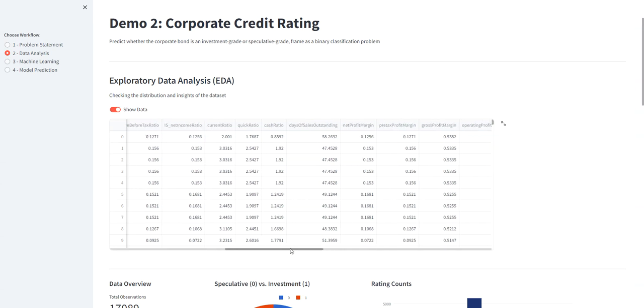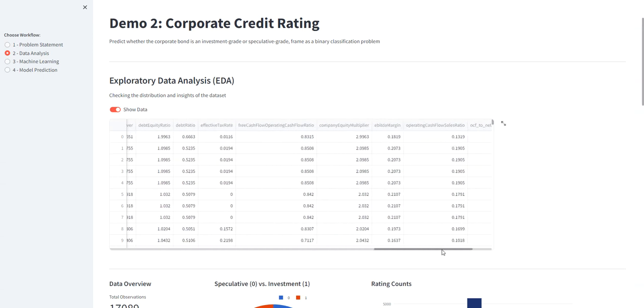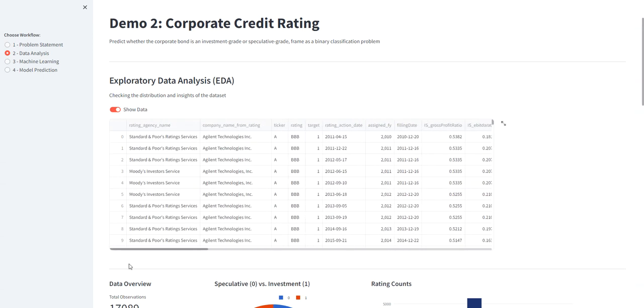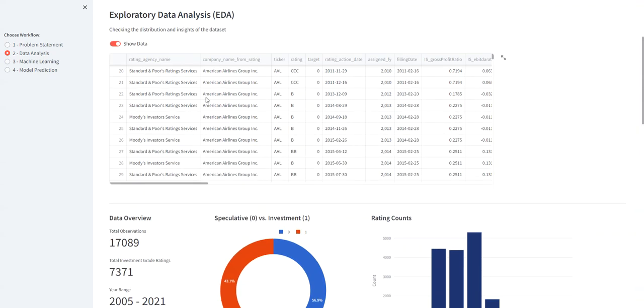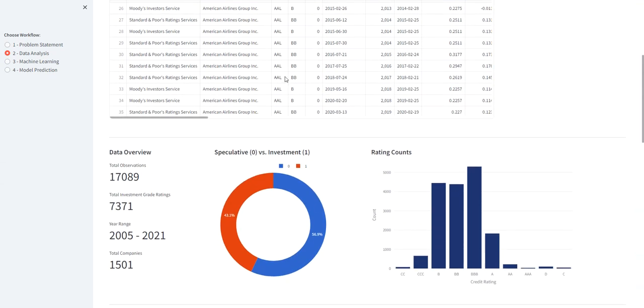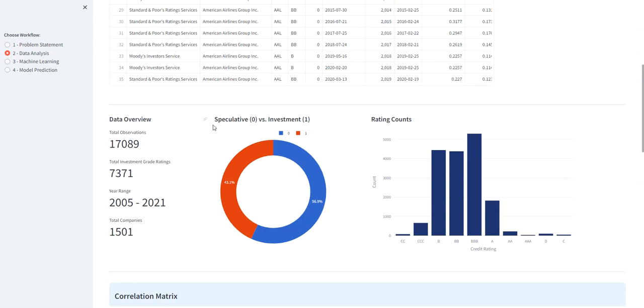You have the income statement, balance sheet, and cash flow statement for these public traded companies, and you also have their credit ratings by the top rating agencies throughout the past 20 years. So you have 17,000 total observations, where an observation means the rating and its time. You have 7,000 investment grade ratings, and the rest are speculative ratings, junk bonds, high yield. You have the past 20 years and 1,500 companies.